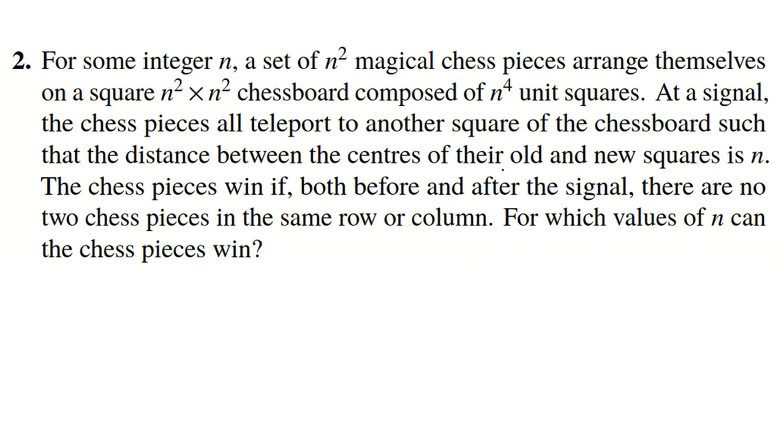So this part is important. The distance between the old and new square is n. The chess pieces win if both before and after the signal there are no two chess pieces in the same row or column. For which values of n can the chess pieces win?